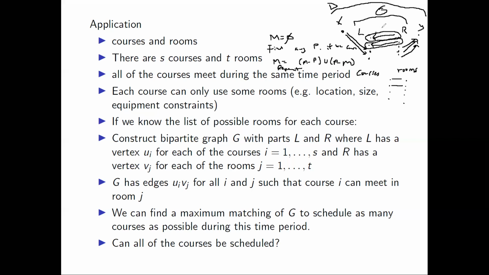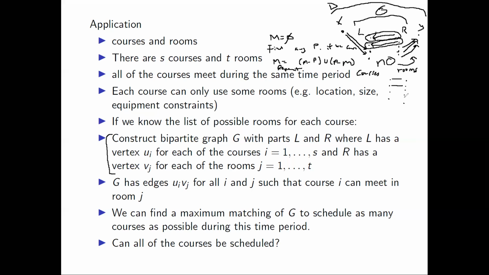The fact that this matching doesn't have all the vertices on the left side in some edge would mean that we cannot schedule all the courses during this time. So we could just use the algorithm that we discussed to answer the question. We can use the algorithm to find the maximum matching in the bipartite graph G that we construct, and based on this, we can say, no, for this specific example, we cannot schedule all the courses.